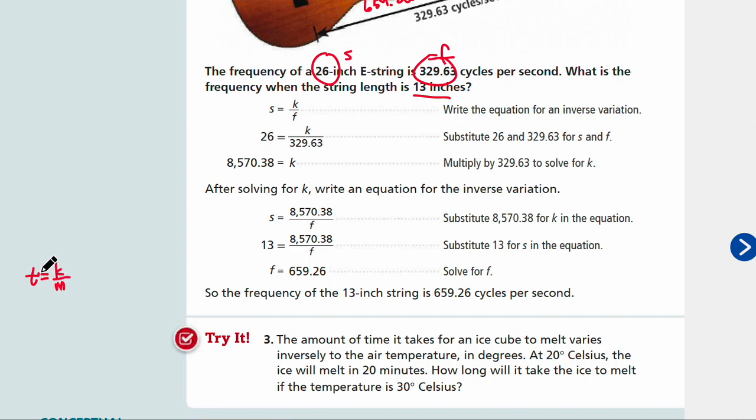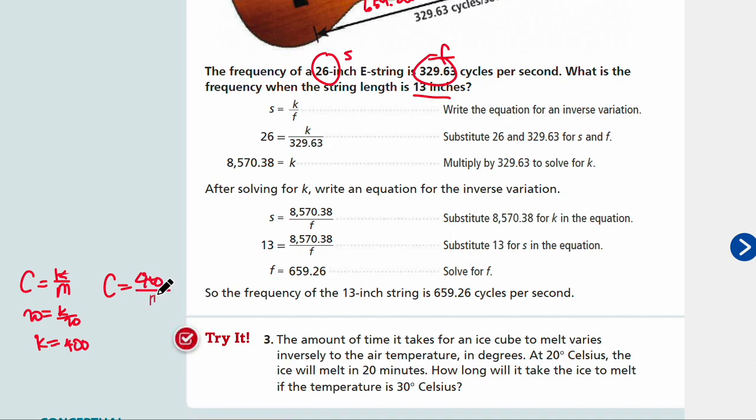They're both temperature and time, so let's not use T. I'm going to use C for Celsius is equal to K over M for minutes. And then we know that at 20 Celsius, the ice will melt in 20 minutes. So K is equal to 20 times 20, which is 400.